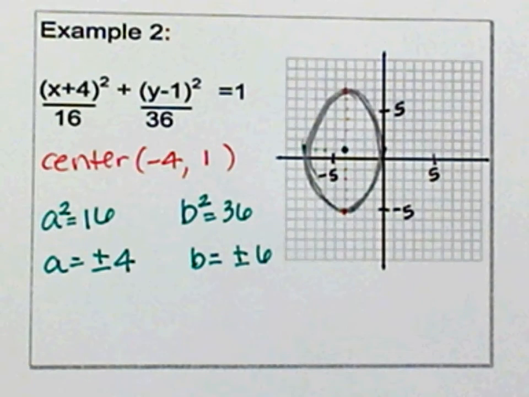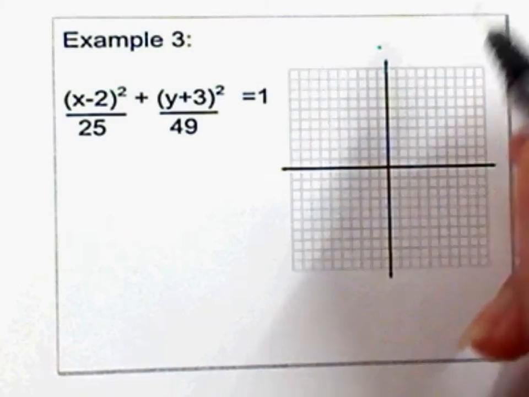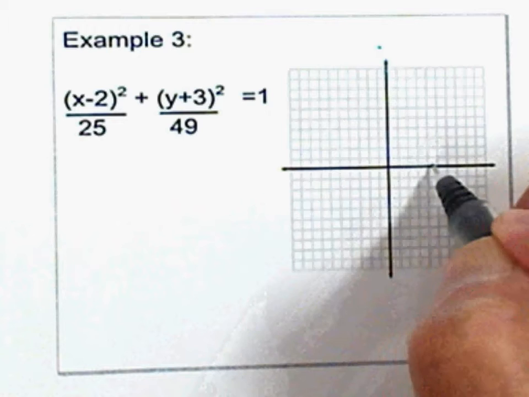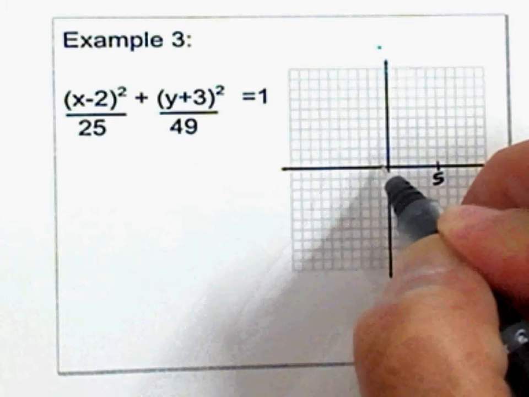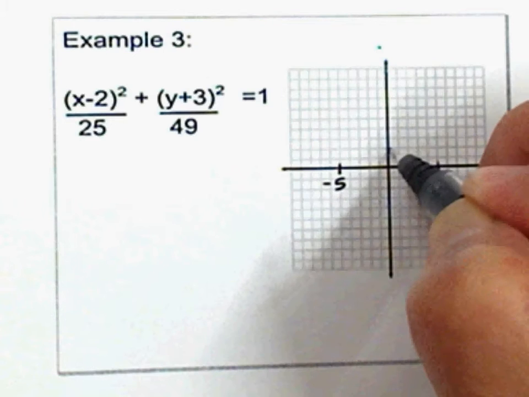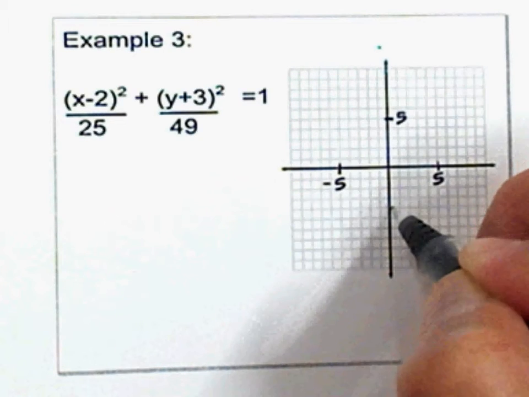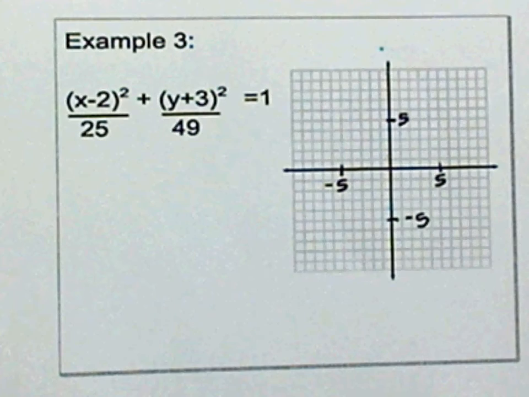Example 3. In example 3, let's go ahead and label our graph first. 1, 2, 3, 4, 5 and negative 5. All right, here we go. Center.